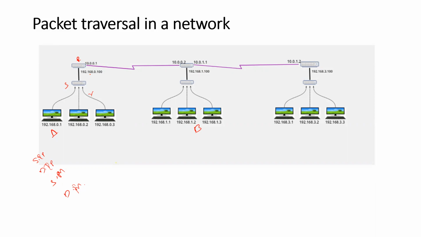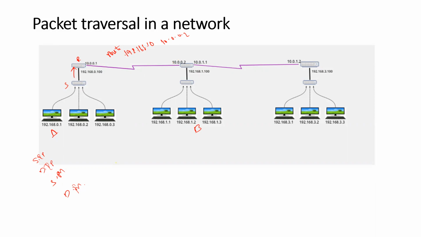So it will forward the request to the router also. In the router it will check the routing table for this subnet, 192.168.1.0, which points to 10.0.0.2.